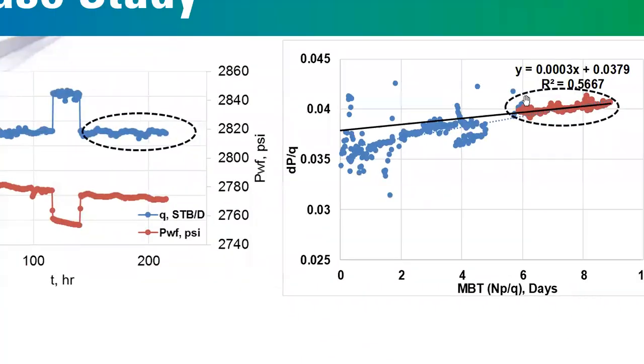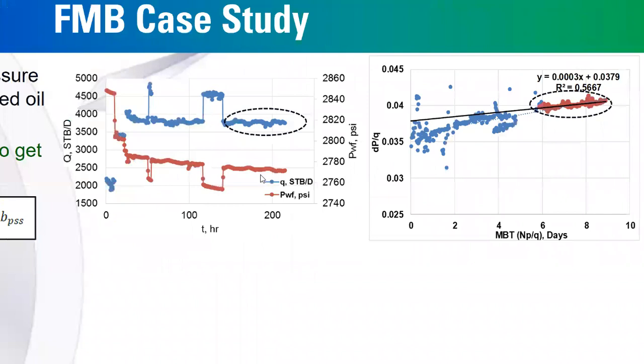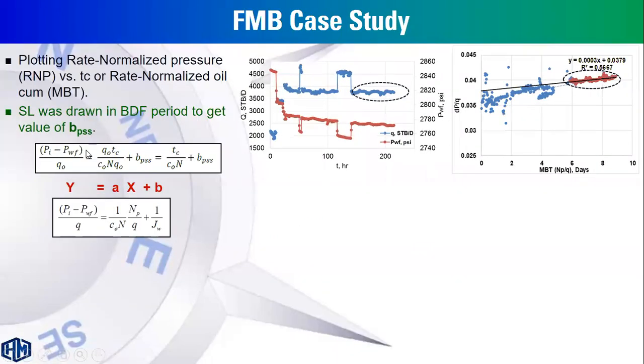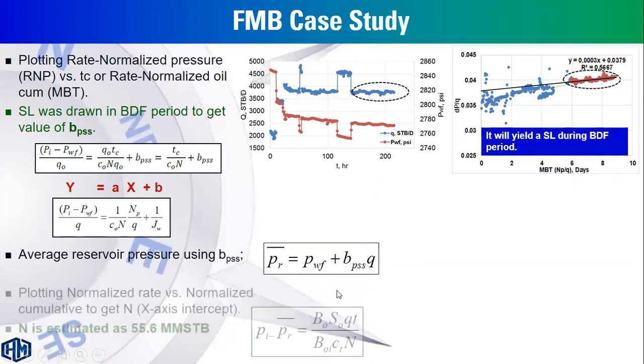Once we have a linear relationship in the linear part of this plot, that means we have boundary dominated flow. This part will be used to calculate the pseudo-steady state constant, which is the y-axis intercept. Accordingly, we can calculate the average reservoir pressure using Pwf, the pseudo-steady state constant and the production rate.